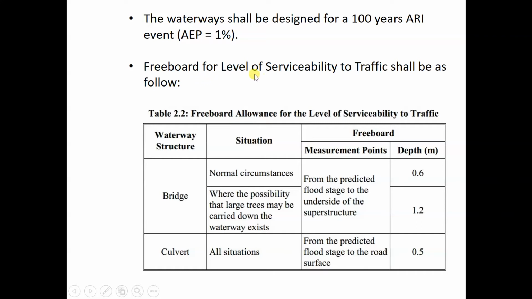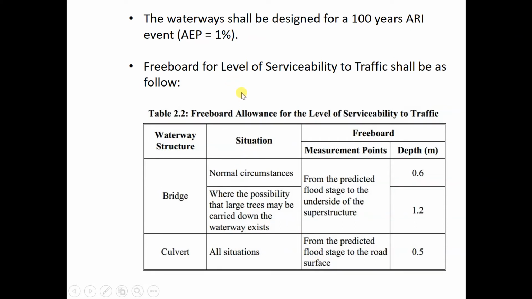The freeboard for the level of serviceability of traffic shall be... what is a freeboard? Freeboard is the space below the soffit of the bridge, and also the gap between the water and the top level of the culvert. That gap is called a freeboard.